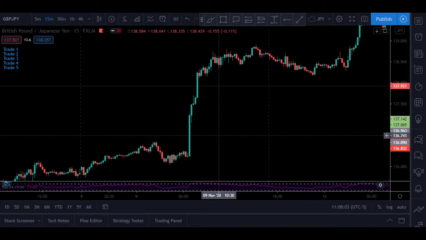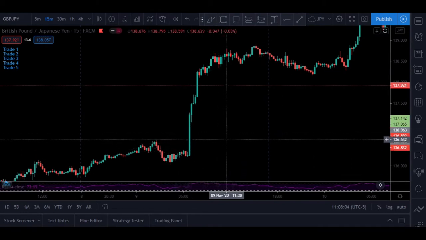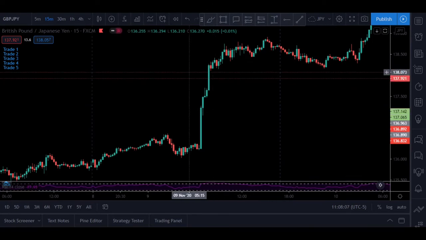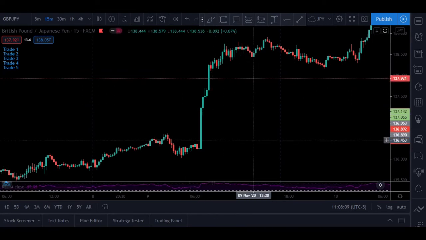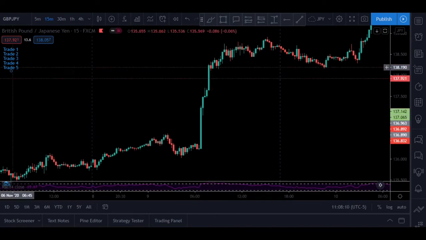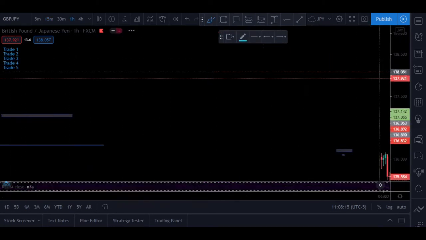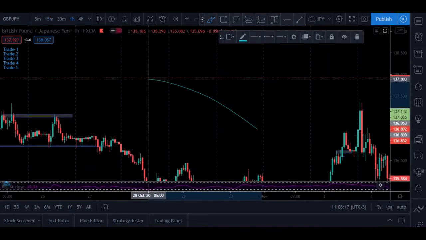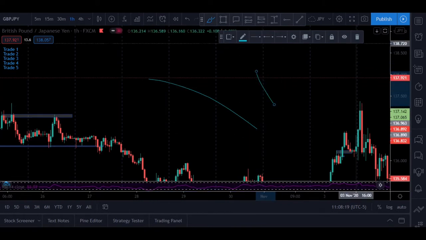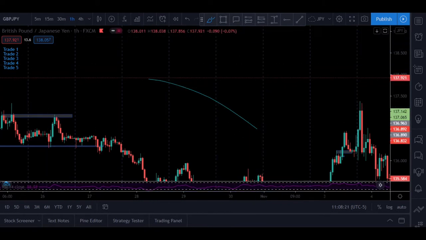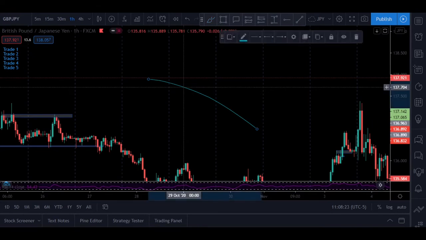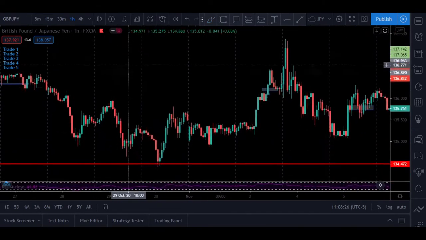This is a Monday, and I think here we had some news about the vaccines. The first thing I do when I come to the charts is put my levels. I go to the higher time frames and I start plotting out the levels.